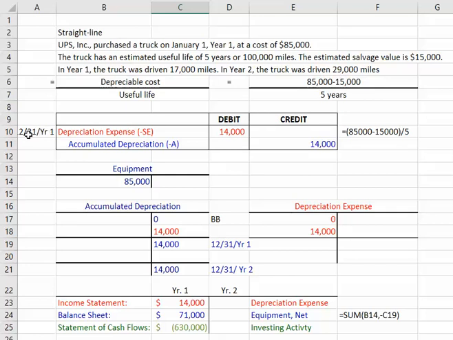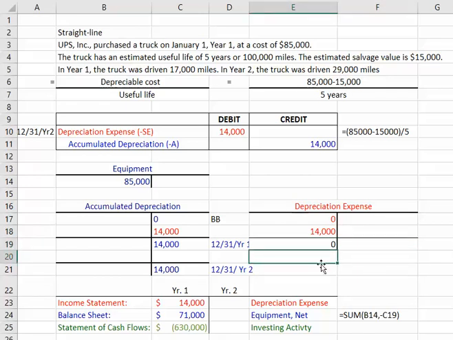So using this, I'm going to change this to year 2 now. And the way that entry would look is exactly the same. Now, the equipment and the accumulated depreciation are permanent accounts. The depreciation expense's beginning balance is going to be 0 because it gets closed.